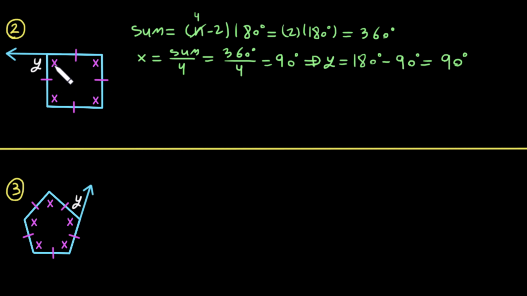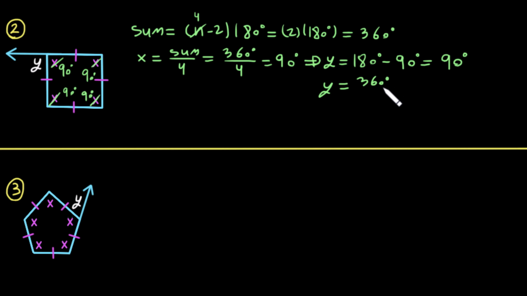So this shape will be a square, because here 90, here 90, here 90, and we know the property of the square, that each angle is 90 degrees and all the sides are equal. So you can find it like this, or you can find y equal to 360 degrees, because we know that the sum of exterior angles of any polygon is 360 degrees, because it represents a full circle.